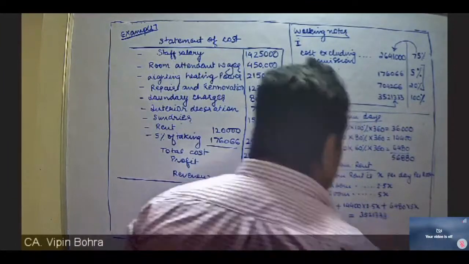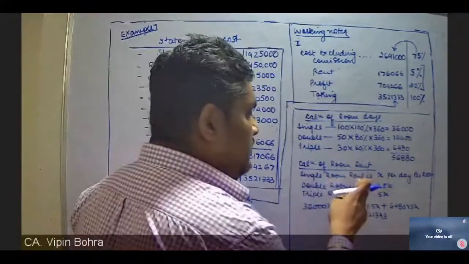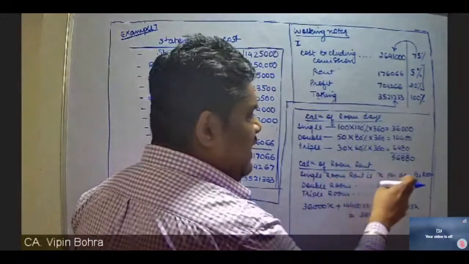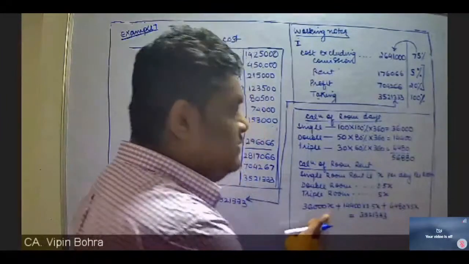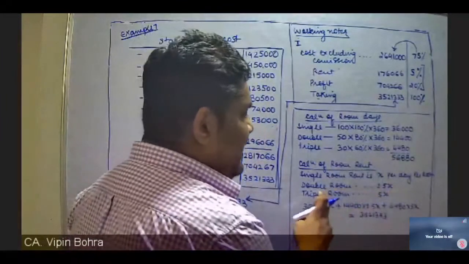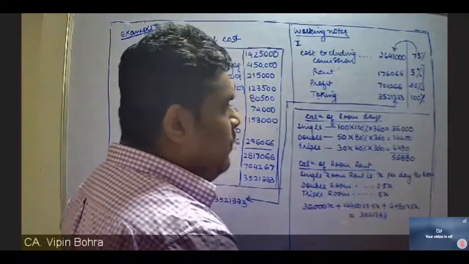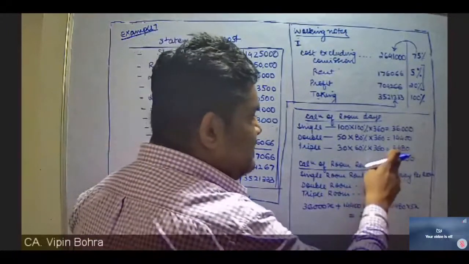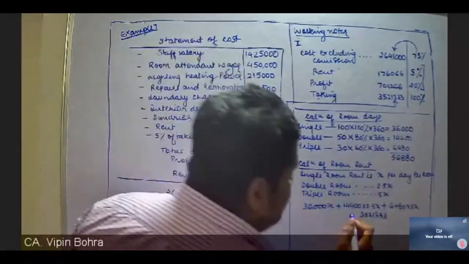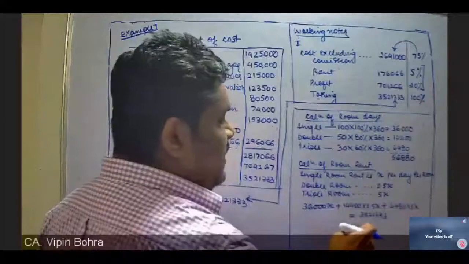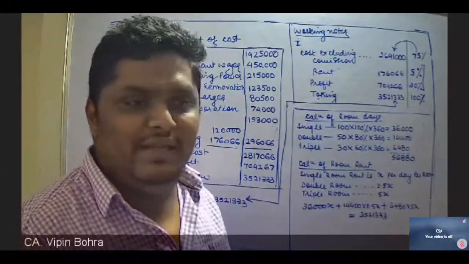35,21,333. Again I repeat, the room rent is X per day per room, and there are 36,000 room days. So 36,000 into X. In case of double room, it is 2.5x, so 14,400 into 2.5x. And triple rooms are 6,480, so into 5x. And it should be equal to how much? They should be able to generate an overall revenue of 35,21,333.